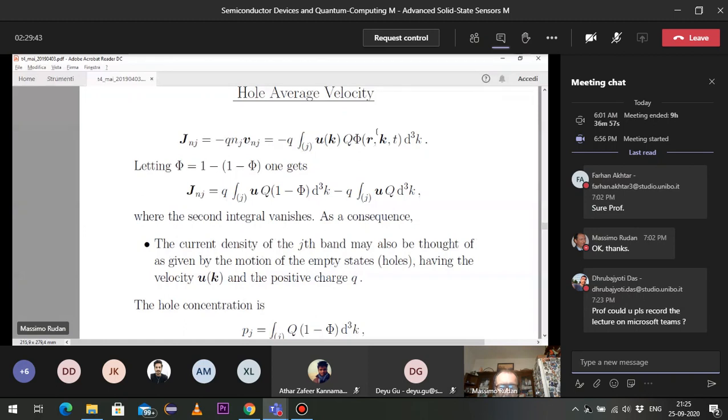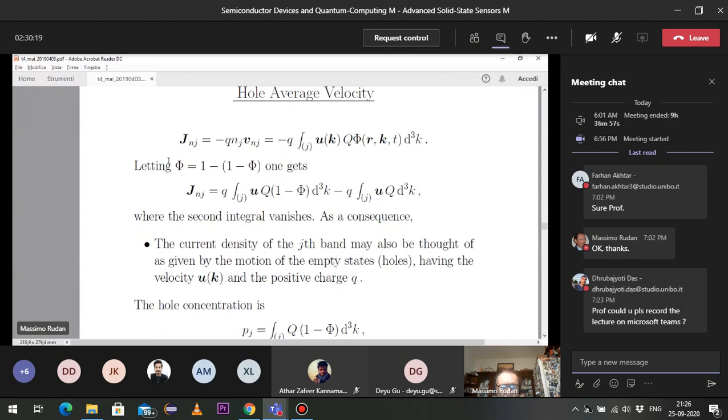And this is defined by this integral, you remember, the integral that we have been using before after multiplication by minus Q. Then you remember phi is a probability, so phi is a number that is limited between 0 and 1. And we use again the old trick of expressing the probability phi as 1 minus (1 minus phi).